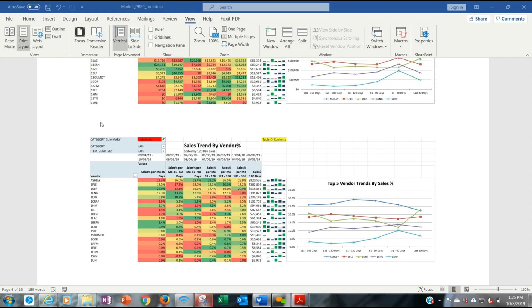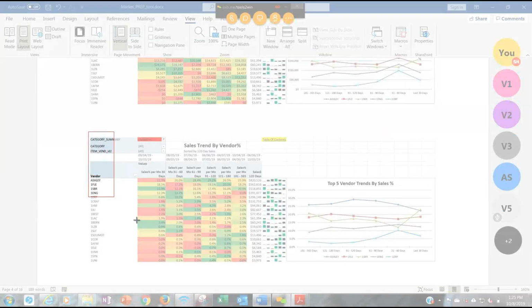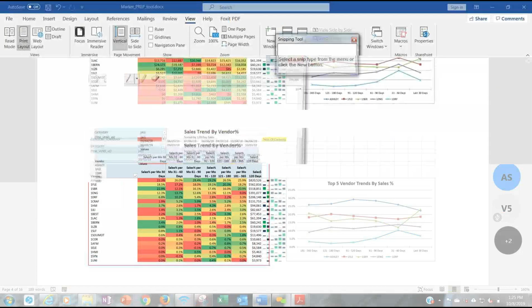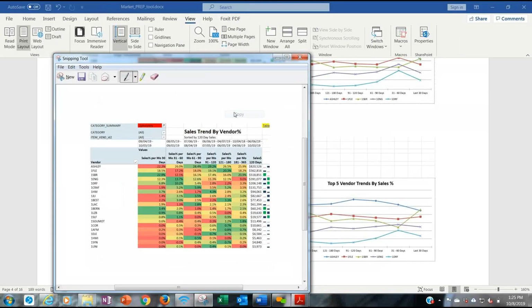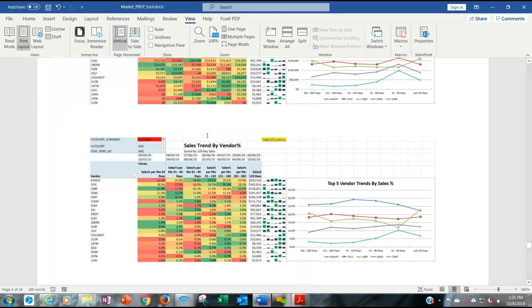If this is within your sales analysis tool, just drag a box, do copy, and then paste wherever you want into a document. I'm just using a Word document to paste it into, but the actual tool is the snipping tool.